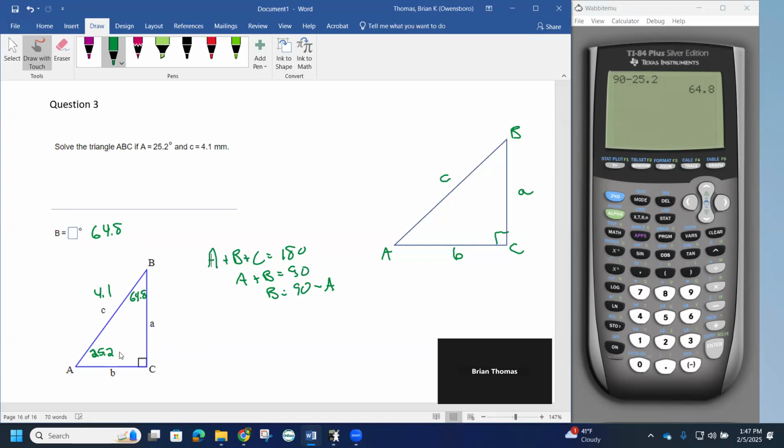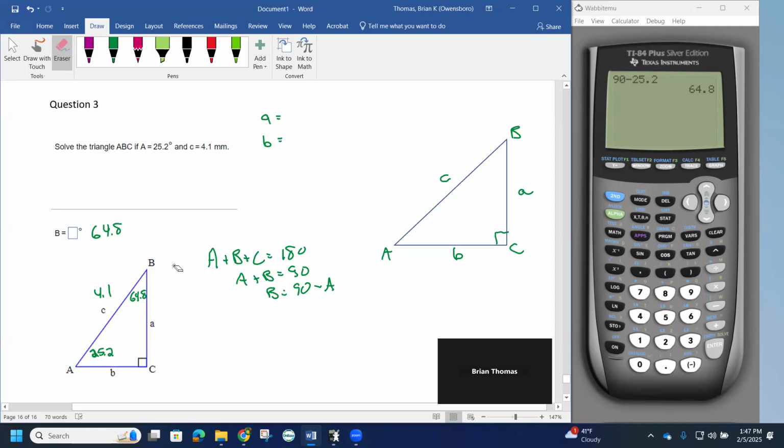So we know angle C is 90, angle A is 25.2, angle B is 64.8. But we still need to find side A, side B, and side C. Well, actually, side C is 4.1. So really, all that's left to find then is side A and side B, because they gave us the other information.